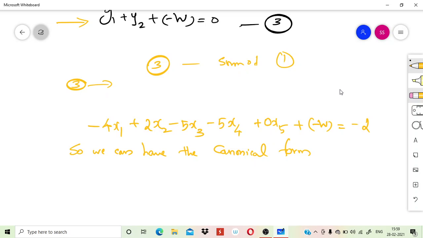First of all, the constraints we will write: 3x1 minus 3x2 plus 4x3 plus 2x4 minus x5 plus y1 equal to 0.